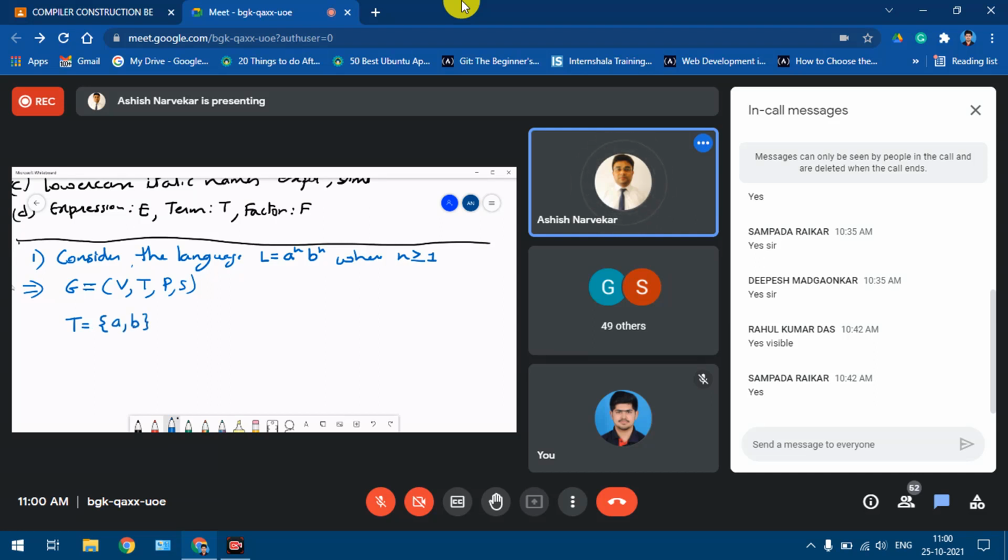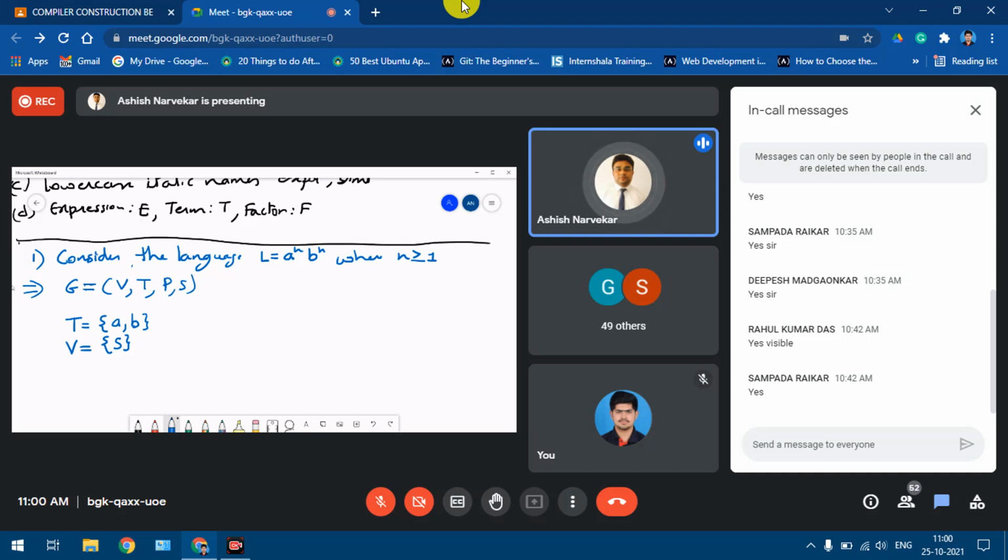Now, next thing is, as per whatever is given to us, our set of variables, or set of non-terminals, consists of just one non-terminal, that is S, capital S, which is the start symbol.